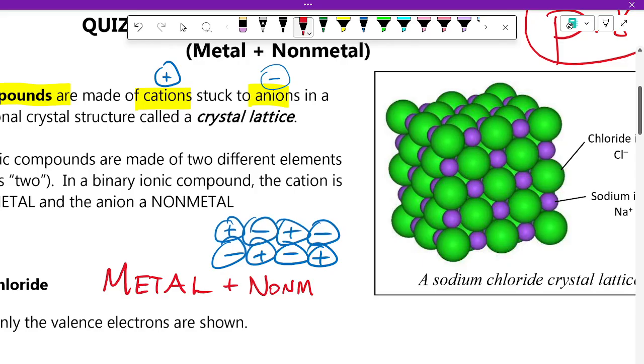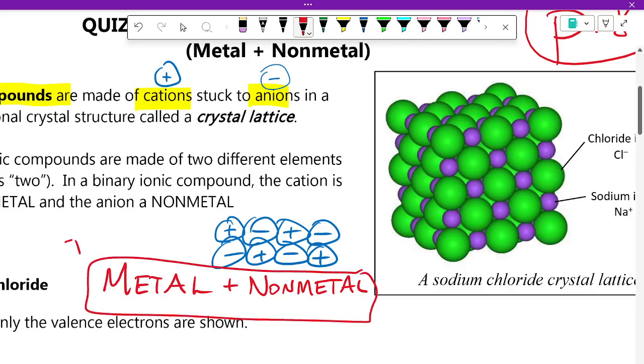The metal comes first. So we have a metal plus a non-metal, and that's how we know that it is ionic. Is this a pure substance or a mixture? Pure substance, because it is a compound. Again, review for tomorrow's test.